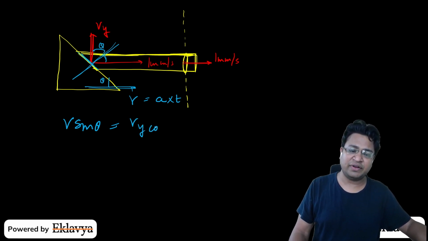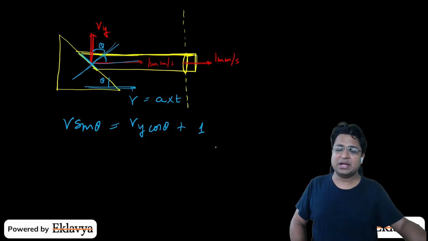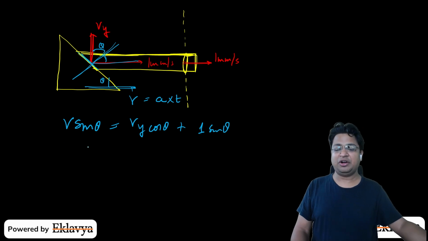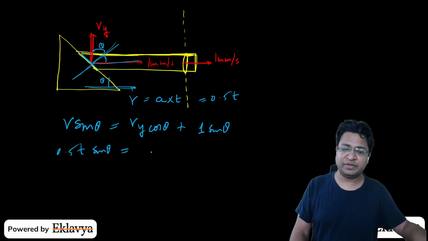So we will write Vy cos theta plus, this is 1 millimeter per second. Keep in mind that we are writing the velocities in millimeter per second. So 1 into cos of 90 minus theta, that's sine theta. Now, how much is V? V is A into T. A is 0.5. So this will become 0.5 T sine theta is equal to Vy, or you can say that Vy we can replace.